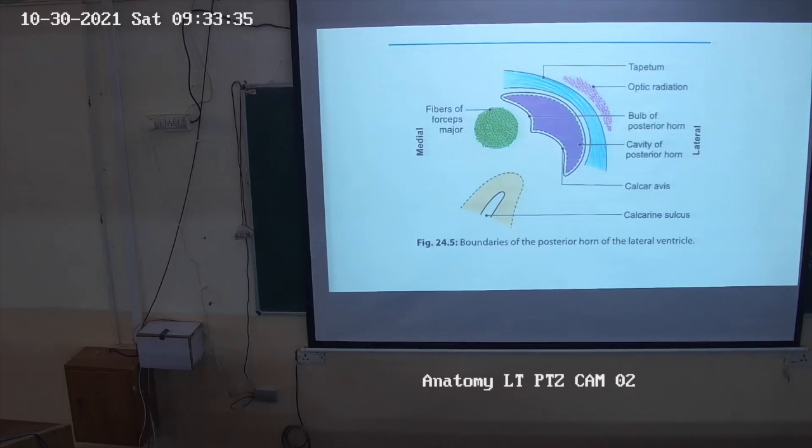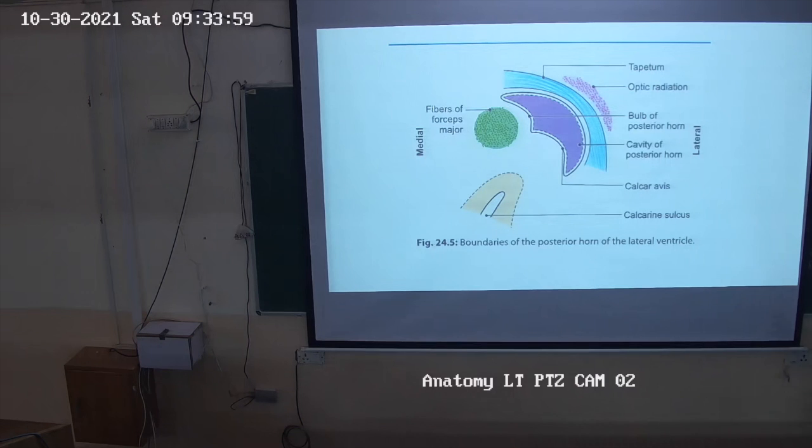So what happens? The fibers from the forceps major extend and cover the posterior horn of the lateral ventricle, and this extension of white fibers is named the tapetum. So what is the tapetum?